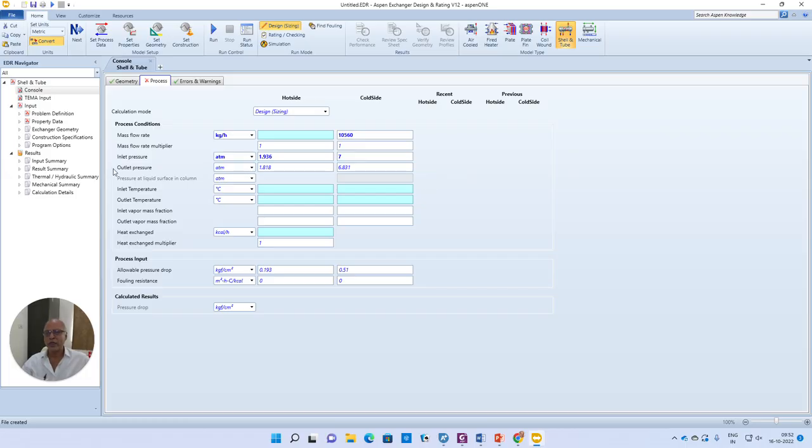Now by default, you can see the outlet pressure is written as 1.818 and so on. This is because there is a default allowable pressure drop on the hot side as well as the cold side. But in our problem statement, we were given a pressure drop of 0.67 atmospheres on both sides.